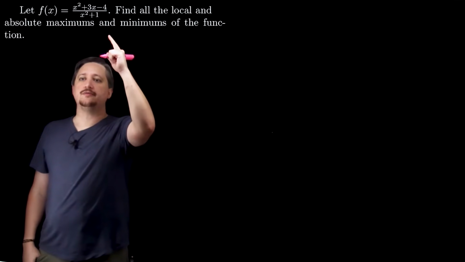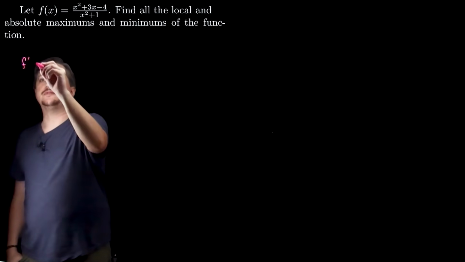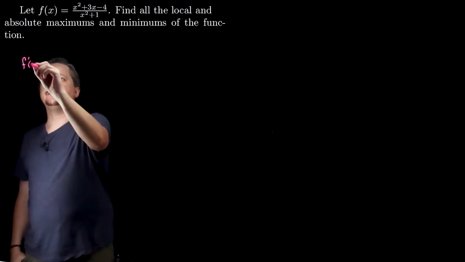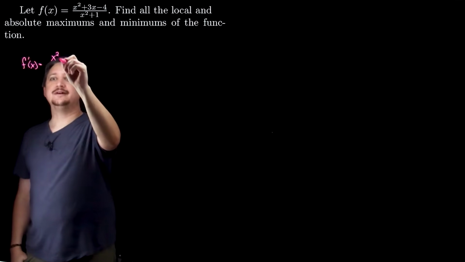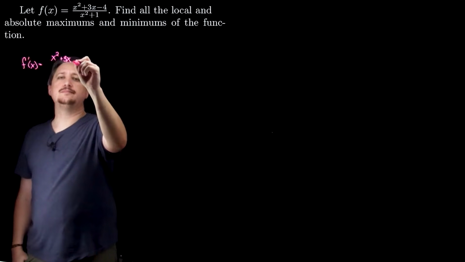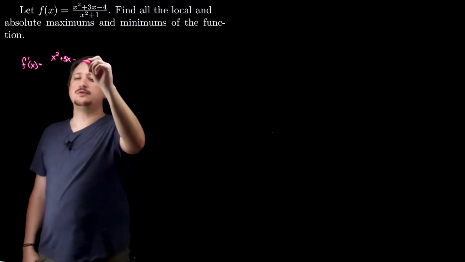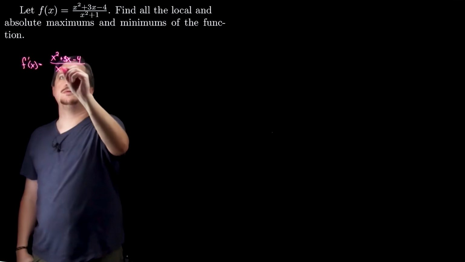So here we have our f. Just as reference, because I'm going to be using this, it's easier for me to see in my own writing. So we have x squared plus 3x minus 4 over x squared plus 1.